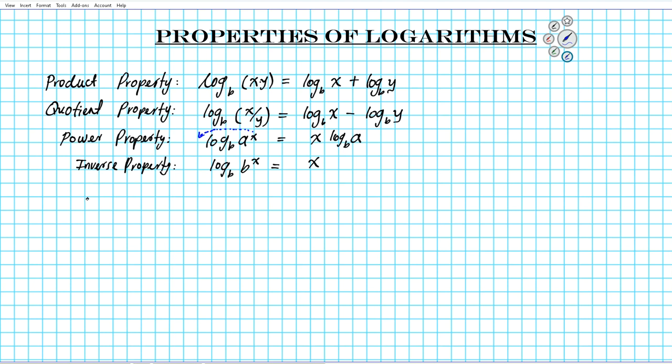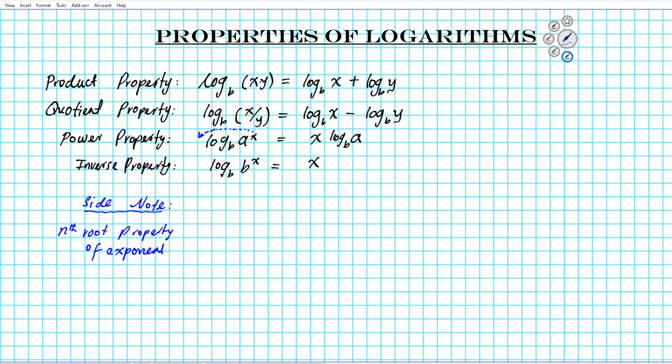Okay, so just a side note, this is one of the properties that we're going to be using. This is known as the nth root property of exponents. This is a special case.